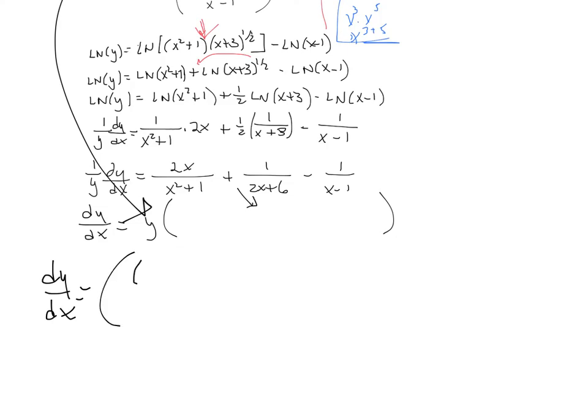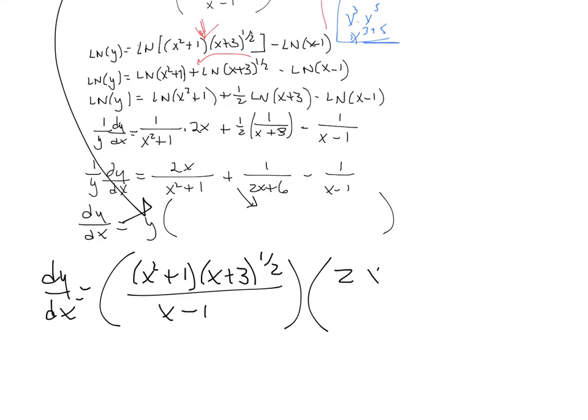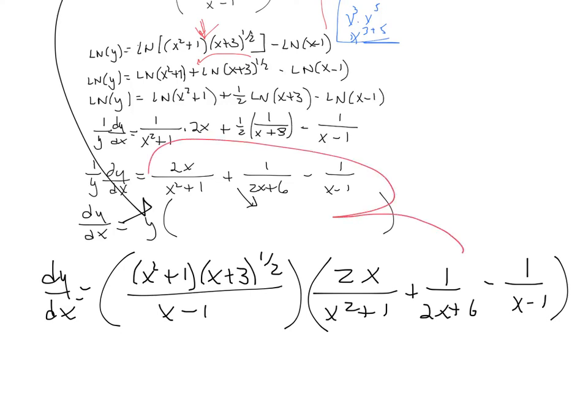So my y was x squared plus 1 times x plus 3 to the 1/2 over x minus 1, and then all this leftover junk, 2x over x squared plus 1 plus 1 over 2x plus 6 minus 1 over x minus 1. So that is right there, and then this was substituting back in for my y. And that is your final answer.